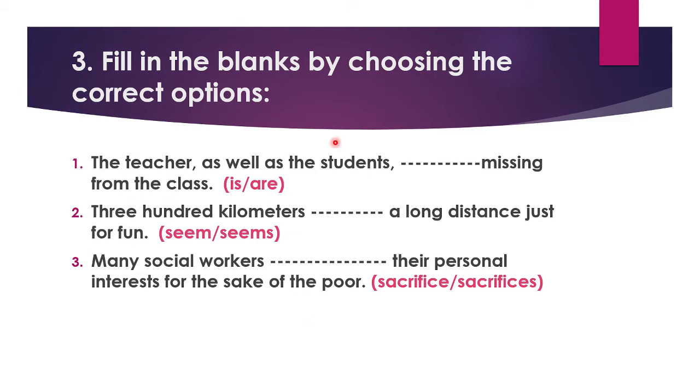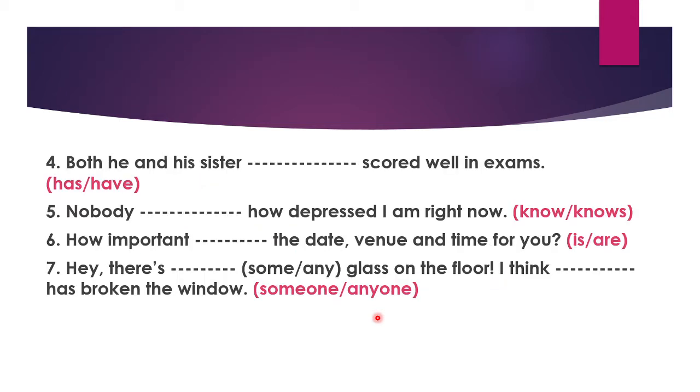Now this is fill in the blanks by choosing the correct options. So options are given side by side. These are based on subject-verb concord, use of some and any, and articles. Ten questions based on this.